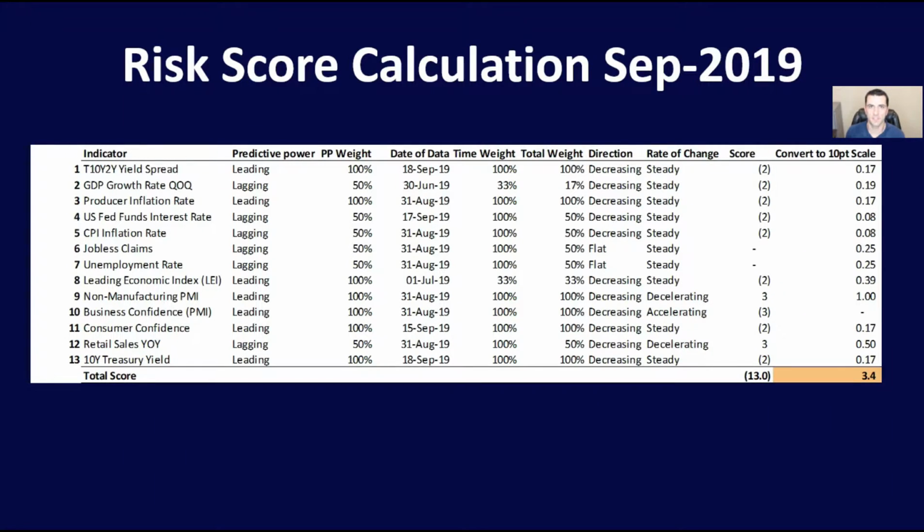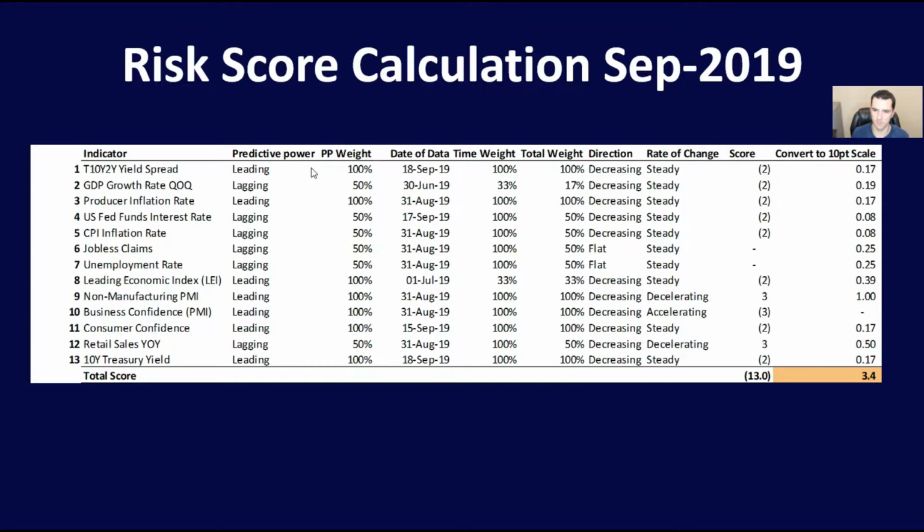As in previous updates, what you see is a capture of my screen, and this is my business cycle risk score update for September 2019. Although I told you I would link to all of the videos and playlists where I go into detail on how I calculate these scores, I will remind you at a very high level how I do this for those who are new to my channel. As usual, we have the 13 indicators that I use on the left here.